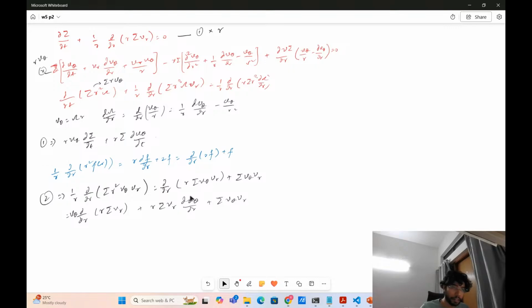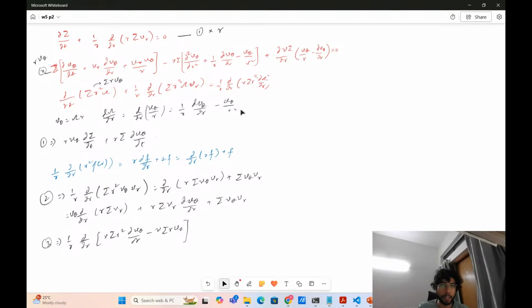Now let's look at the third term. The third term is 1 by r ∂/∂r of μ σ r square ∂v theta/∂r minus μ σ r v theta. By third term, I mean the term on this side.